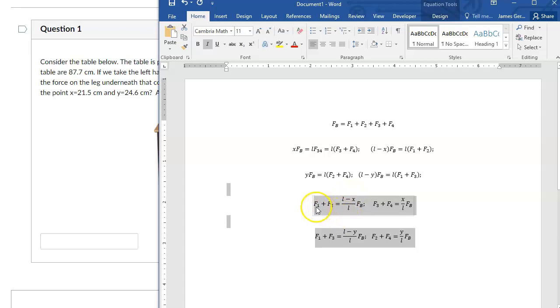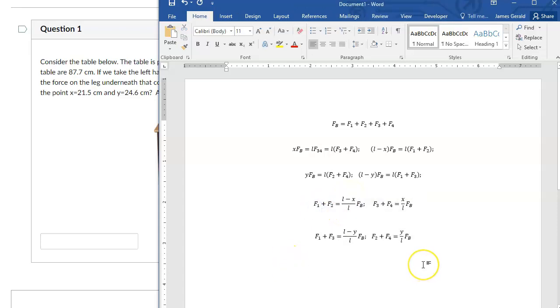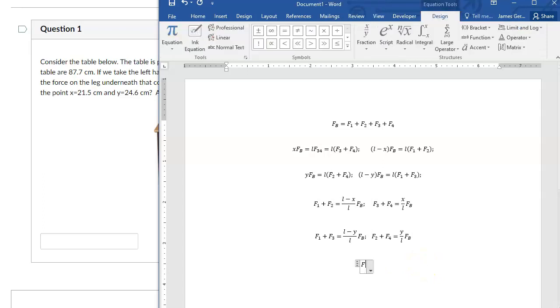Okay, so let's assume F1 can be expressed as some variable A12 times L minus X over L onto FB. And F2 can also be expressed in a similar way.